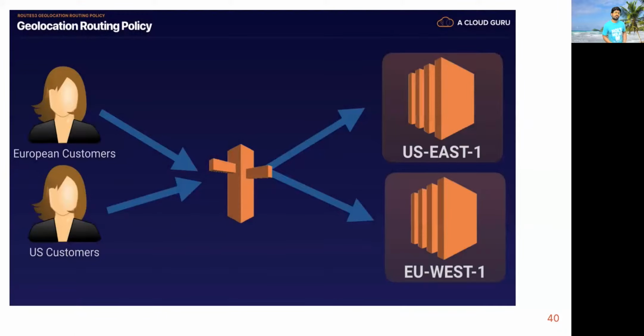And this is geolocation routing. For example, you have a website, and if a customer hits it and he's a European customer, you would like to forward him to the Europe region instead of the US region so that he can see the price in pounds and not in US dollars. Same with a Canadian customer, you would like to show them Canadian dollars.